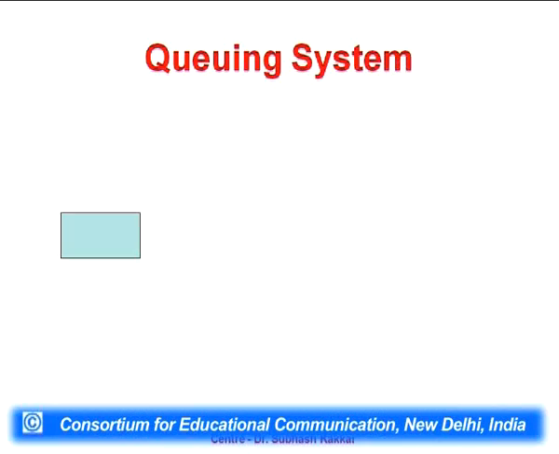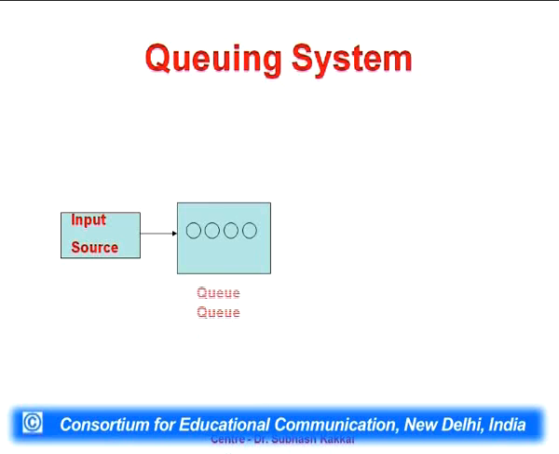Queuing system. Now, we will discuss the queuing system. I am forming the queuing system. This particular rectangle is showing the input source from which the customers are being drawn, and then these go to the queue where customers are already waiting.